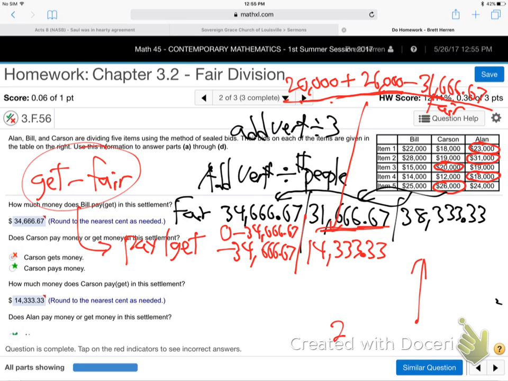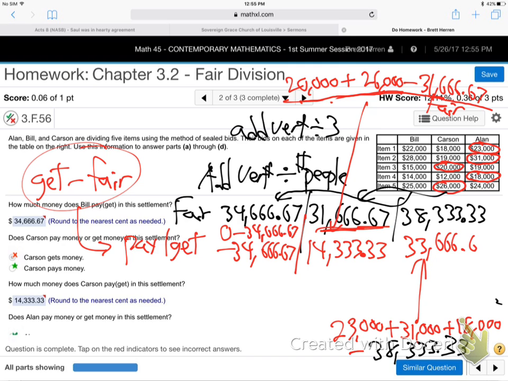You got to add up 20... is that 23? 23,000, 31,000, 18,000, and subtract Alan's fair share, which was 38,333.33. So I'm getting 33,666.67.